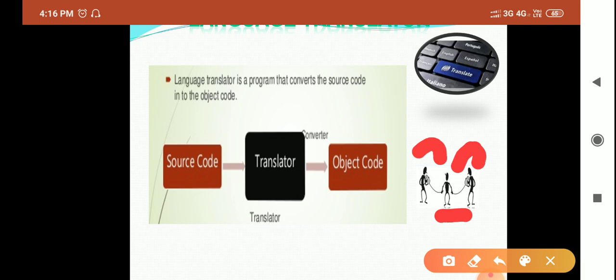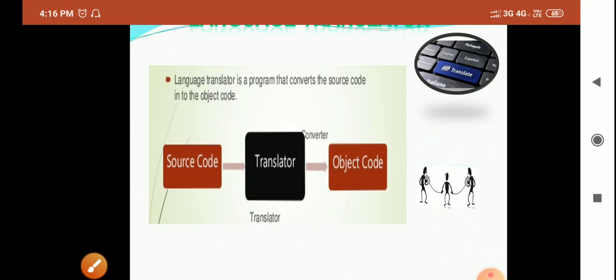Like that, in a computer also we have a language translator which converts source code to object code. Source code means whatever we write, and object code is the machine code. And again object code to source code.